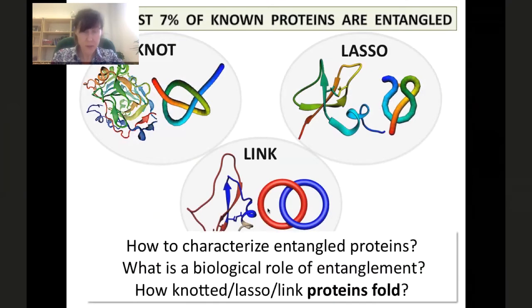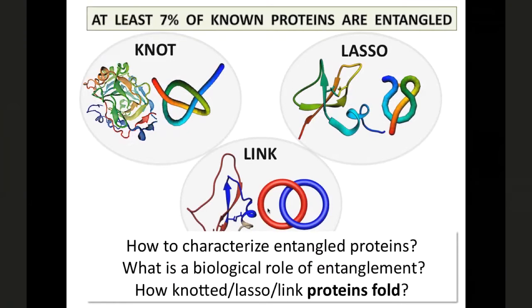So this leads to many interesting questions, because on one hand you can say that 7% means a lot of structure, but on the other hand, this number is much lower than is expected from polymer physics. So why do only 7% of proteins deposited in the Protein Data Bank possess non-trivial topology?